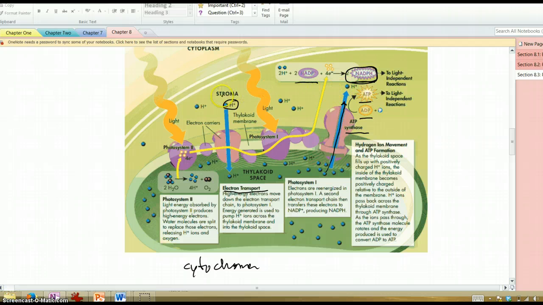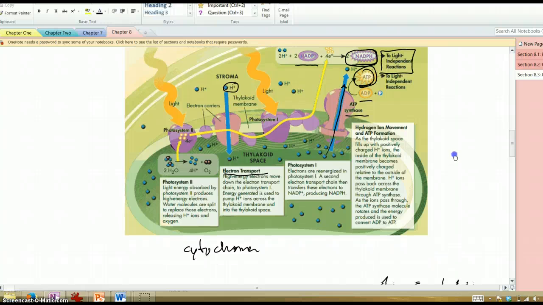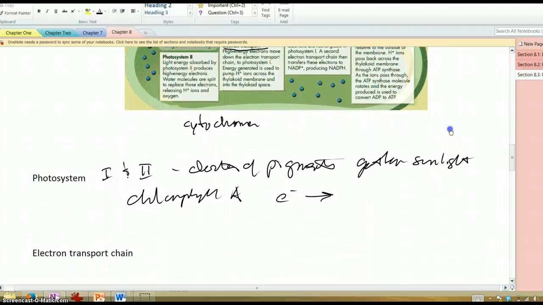Well, then back here, we'll use the electron transport chain to pump them back in, so they're just kind of going back and forth. But on one side, they're being actively transported in, and on the other end, they diffuse out through ATP synthase. Okay, so now we've got the two molecules we need to make, and they are going to go to the light-independent reactions, or the Calvin cycle, where we're going to turn several CO2 molecules into some simple sugars.